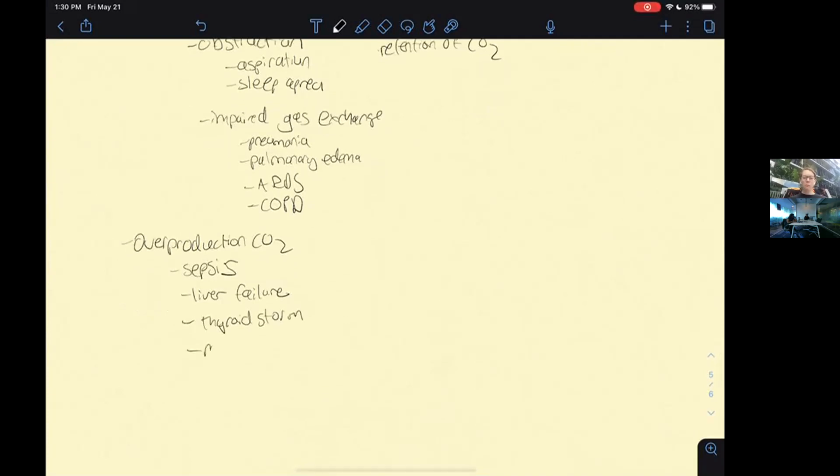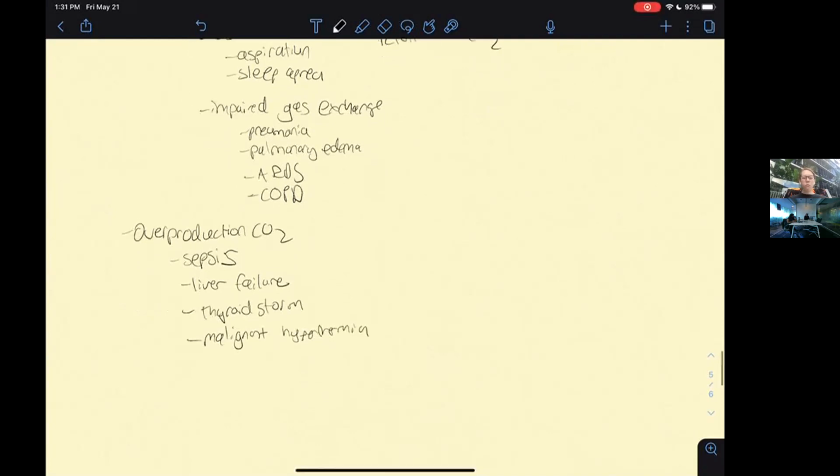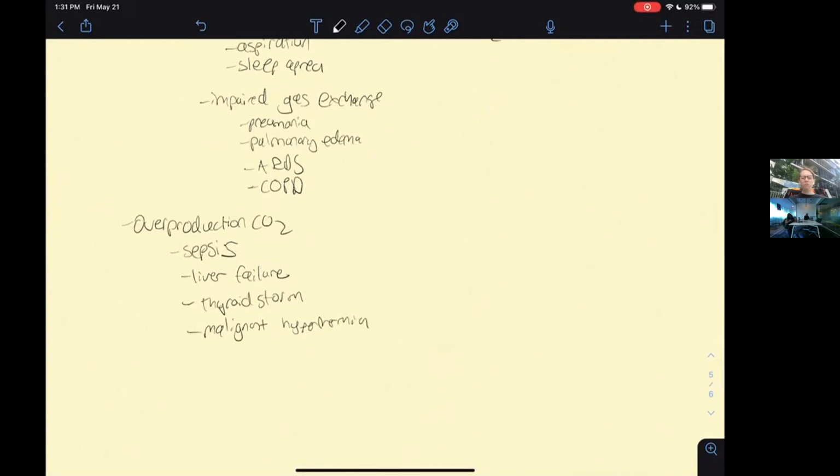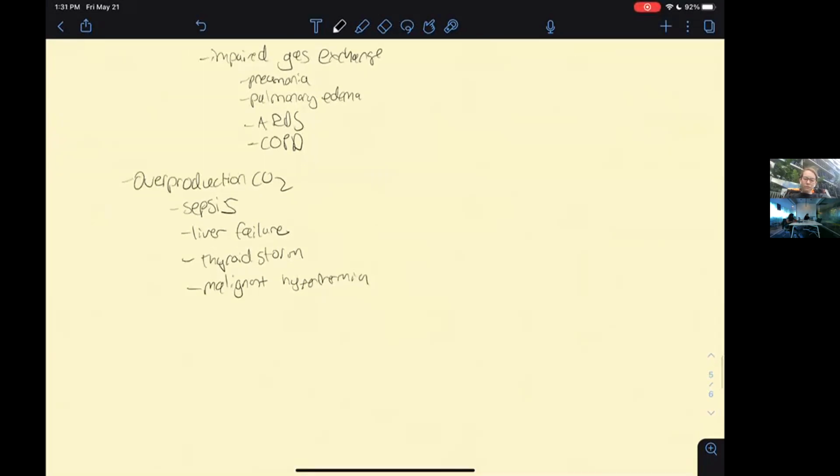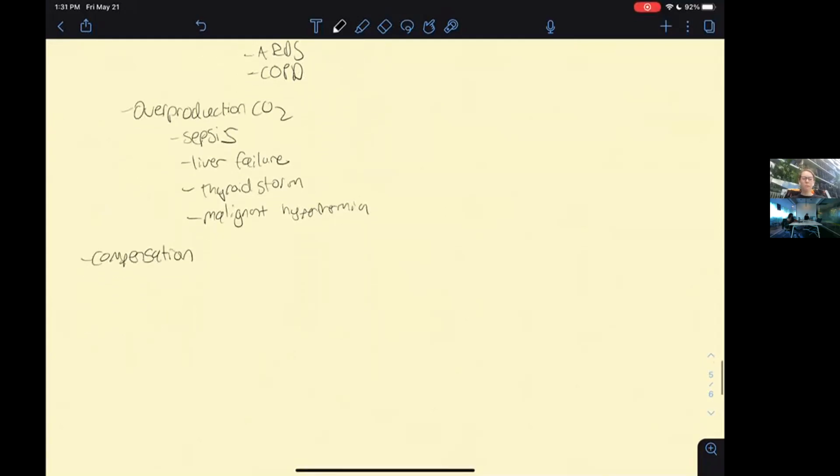And malignant hyperthermia. So overproduction of CO2 is kind of a rare cause of why respiratory acidosis can occur, but it's in different ways. So if you think about it, like you're retaining CO2 or you're producing more CO2, that's going to be the reason of respiratory acidosis. And compensation for it, as I mentioned earlier, there's a couple different ways you can compensate.